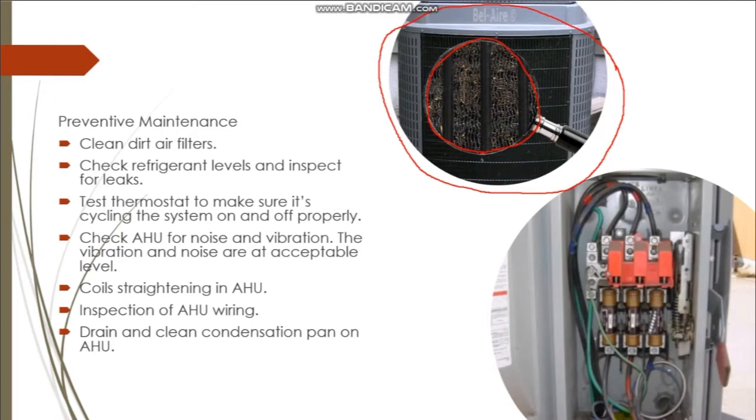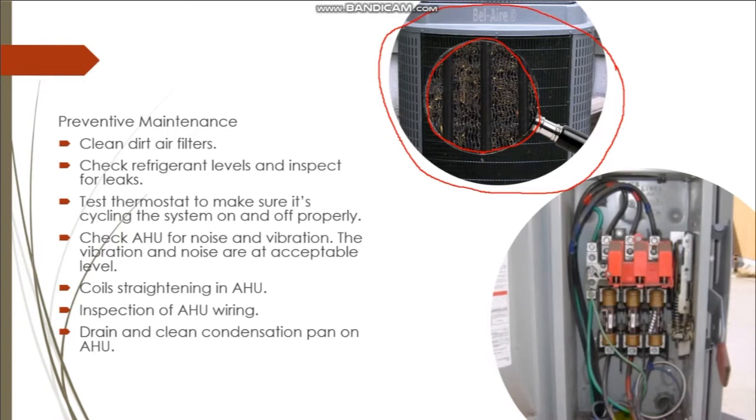Fourth is check AHU for noise and vibrations. The vibration and noise are at an acceptable level, which means after we replace the bolts on the AHU, we reduce the vibration to an acceptable level and also reduce the noise produced, which is a reduction in noise pollution on the building surroundings.